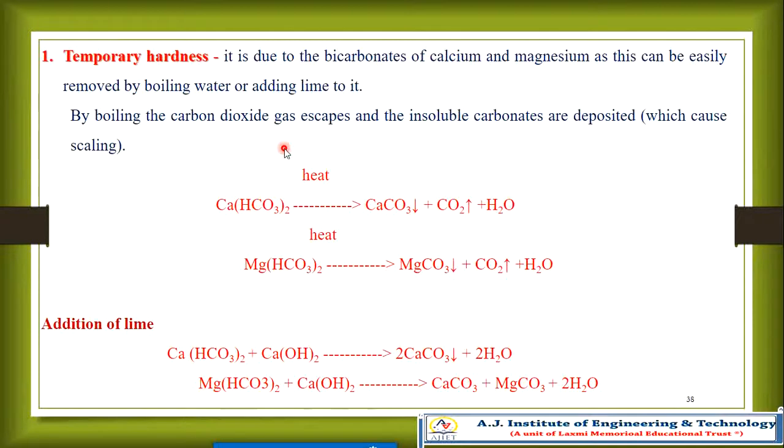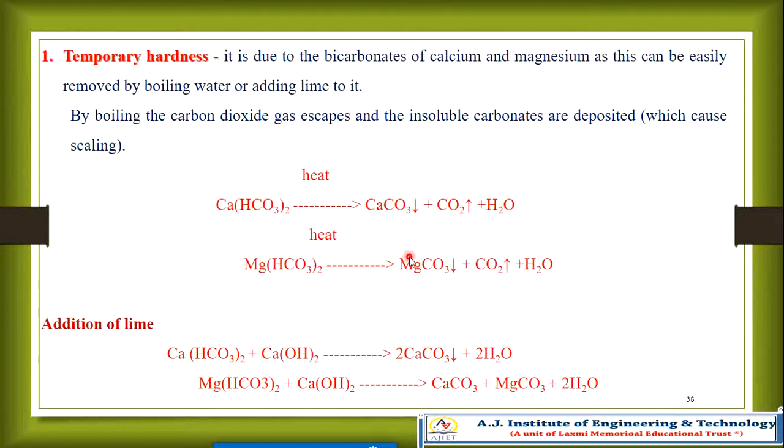The reaction is like this: Ca(HCO3)2, the bicarbonate of calcium, and Mg(HCO3)2, the bicarbonate of magnesium. When you heat them, CaCO3 is deposited as scale, CO2 is released, and only H2O remains. That is easily removed.